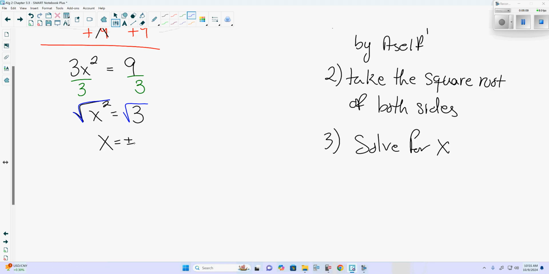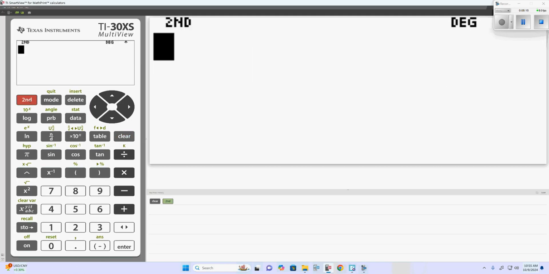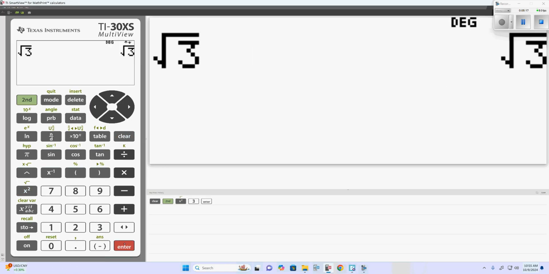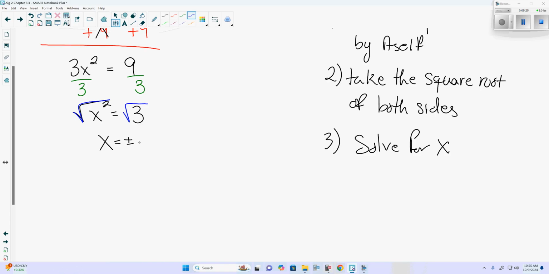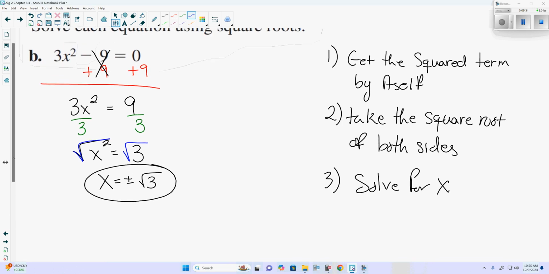Now we need to figure out what the square root of 3 is. 1.7 going on and on and on. Or we can just leave it as square root of 3, because that's as simplified as it gets without turning it into a decimal. Because if we can leave it in simplest radical form, we'll leave it in simplest radical form.